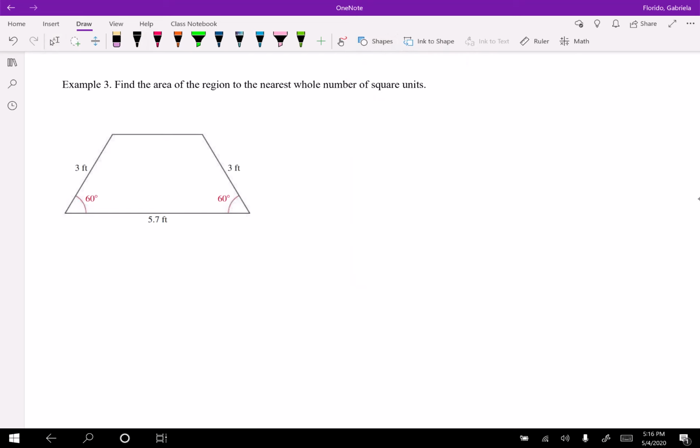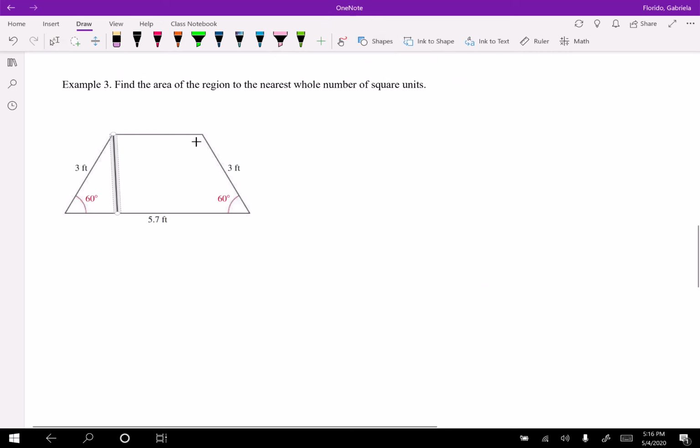So I'm going to break it up into 3 different parts. And so I'm going to drop a perpendicular line right here. Again, it's a little hard sometimes. I'm going to drop a perpendicular line, which is going to create a 90-degree angle here.